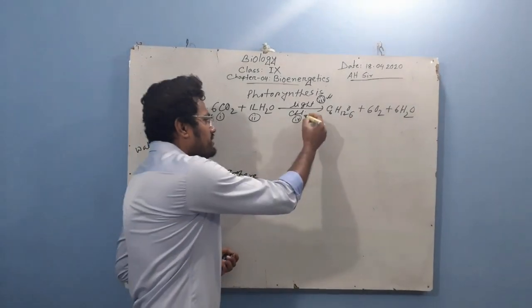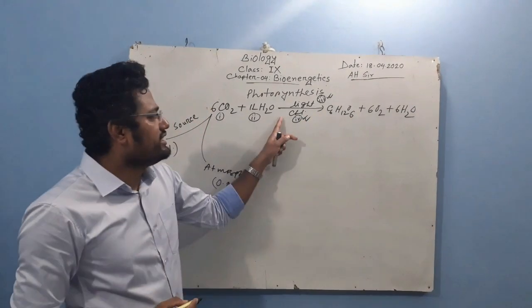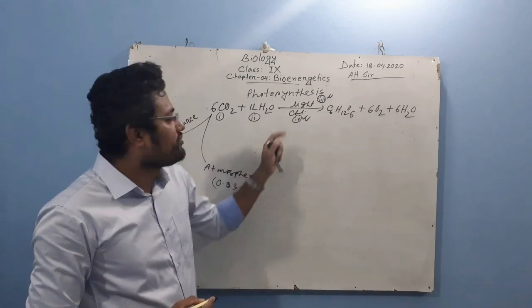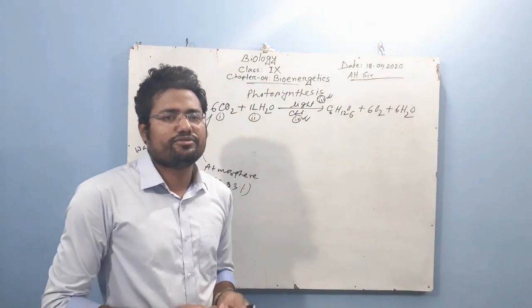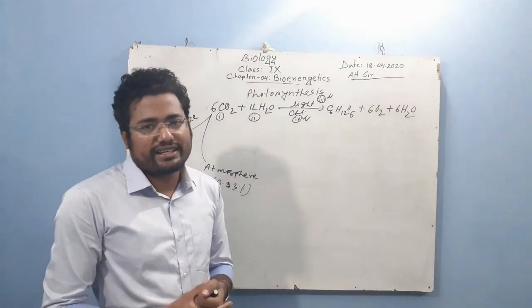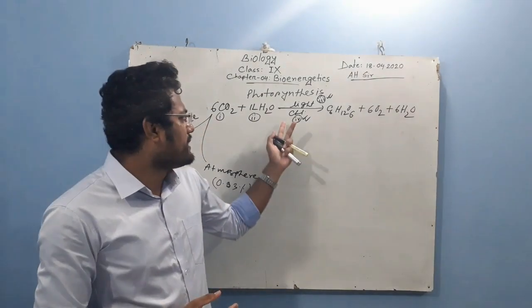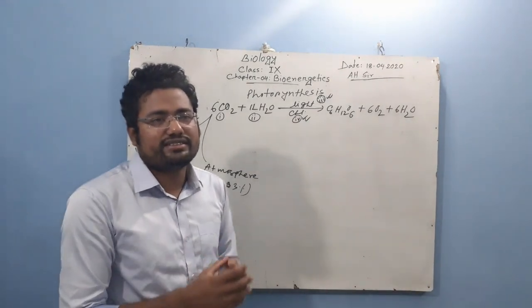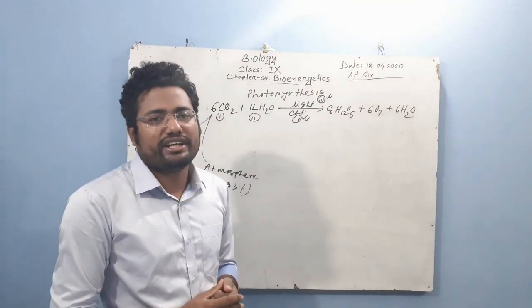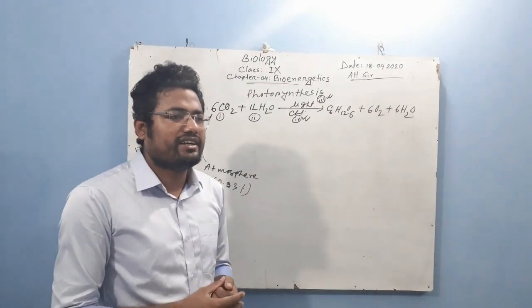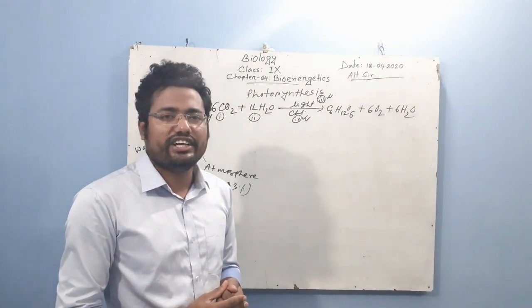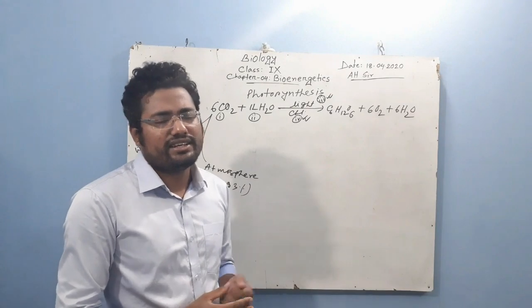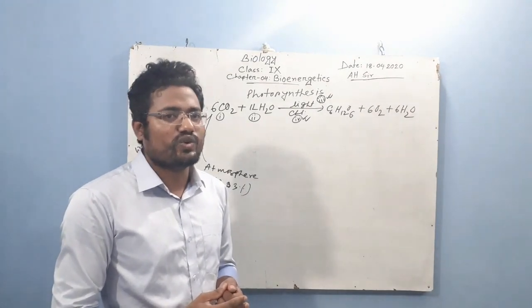Then the fourth element is chlorophyll. Chlorophyll is the most important element for the photosynthesis process. Chlorophyll acts like a solar panel. We know that chlorophyll absorbs solar energy and converts it into chemical energy, and this chemical energy is stored in ATP and NADPH2 and inside carbohydrate like glucose.